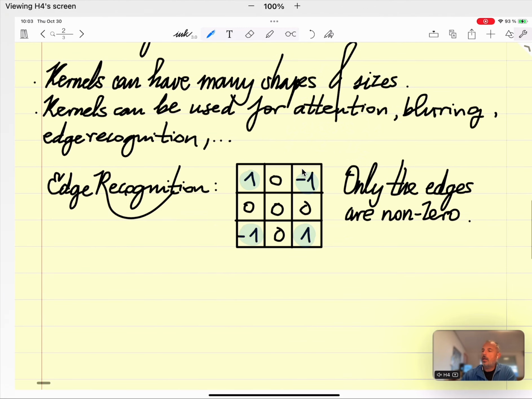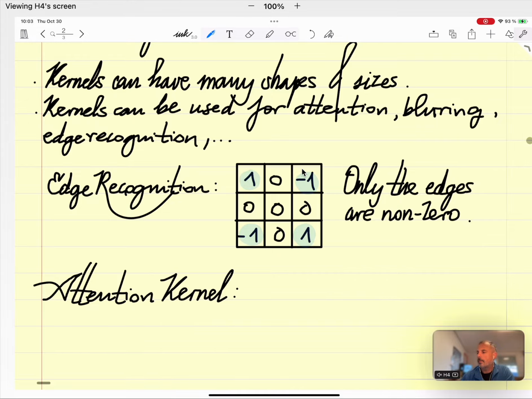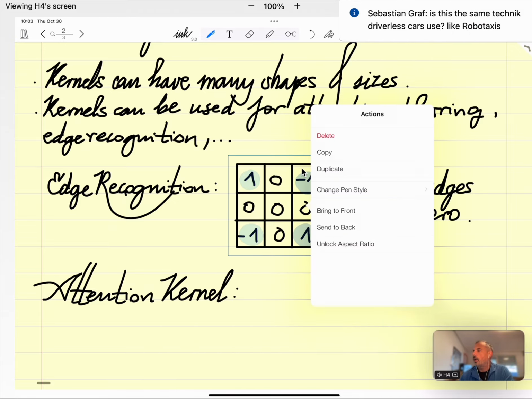We can also look at an attention kernel. Let's see how an attention kernel looks.